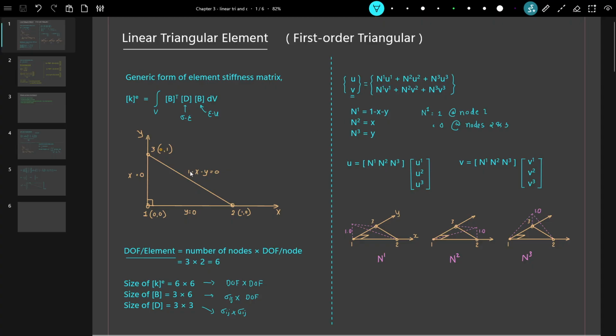So N1, we can say, is a straight line, N2 is x, and N3 is equal to y. So we satisfy all our conditions. In matrix form we can write N1, N2, N3, which is N transpose, and this is the u vector. Similarly, for y displacement, N transpose, and this is our y displacement vector.